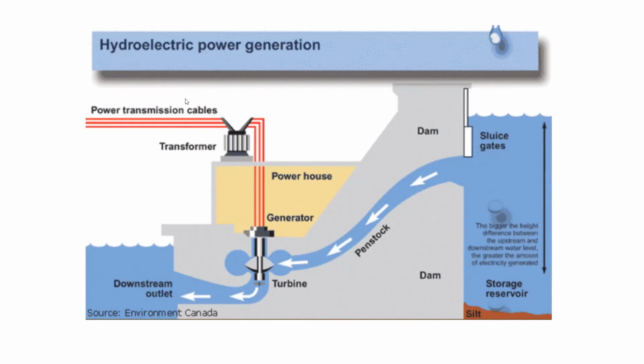In the case of hydroelectric power, in the case of dams, as it's showing here, we're just using the flow of water based on gravity to power this turbine. And based on the difference between these two sides, the difference in the level of water, the larger that difference is, the faster that water is going to be moving, so the more electricity we're going to be generating.